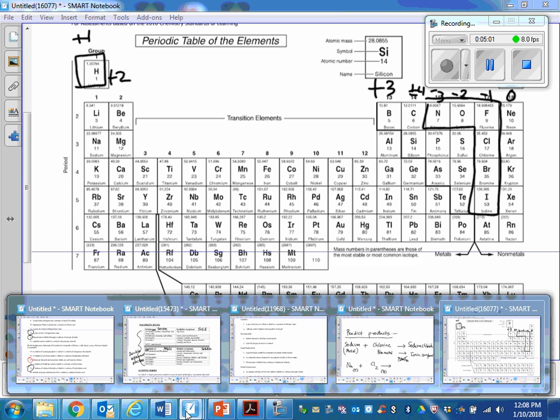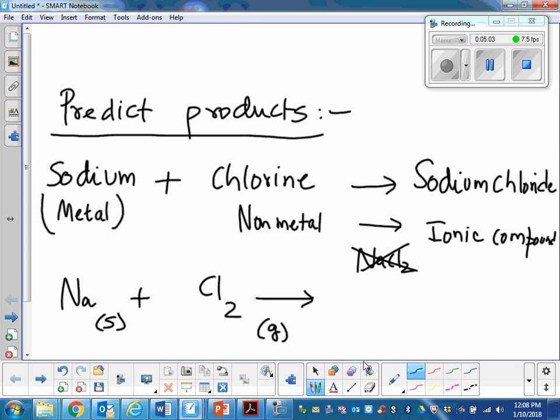So therefore, what is the charge on sodium? Look at the periodic table. We just wrote the pattern down. Sodium is in group 1, therefore it should be a +1. And what is the charge on chlorine?